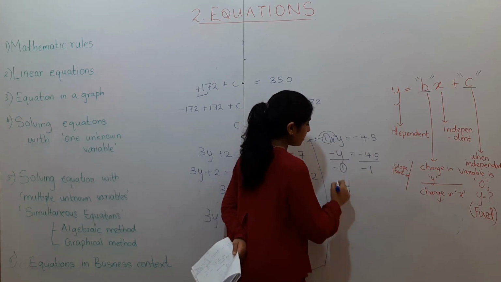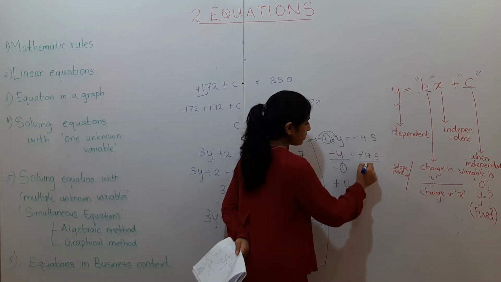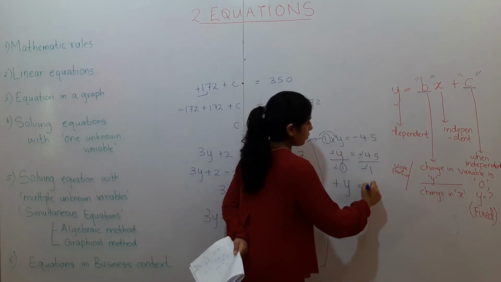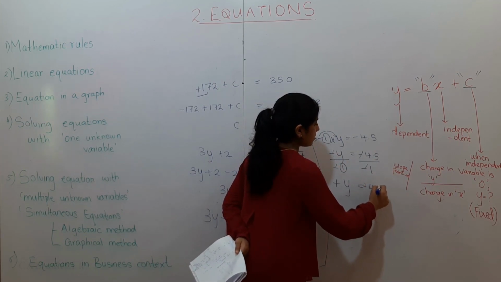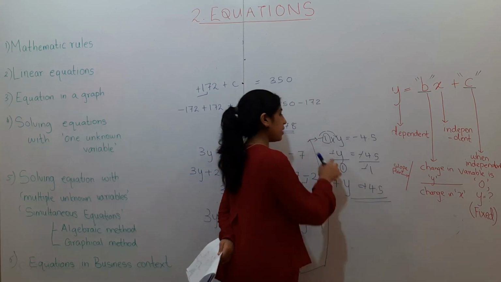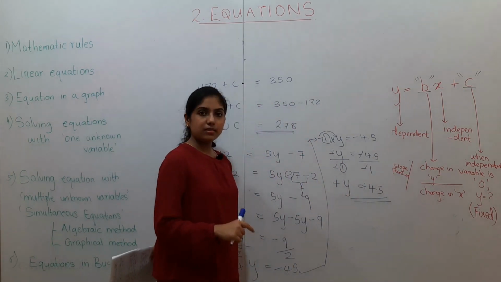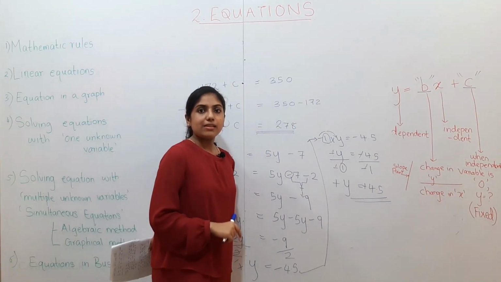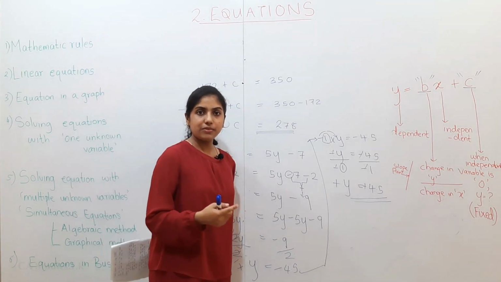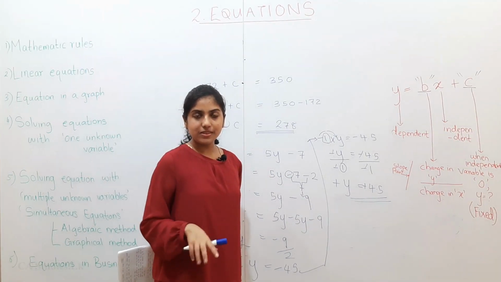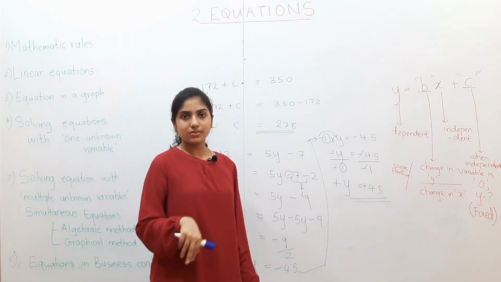So it will be plus y equals, this also minus minus, 4.5 plus. Minus divided by minus is a plus. That's why I gave those rules initially, so that you all will understand how it works.